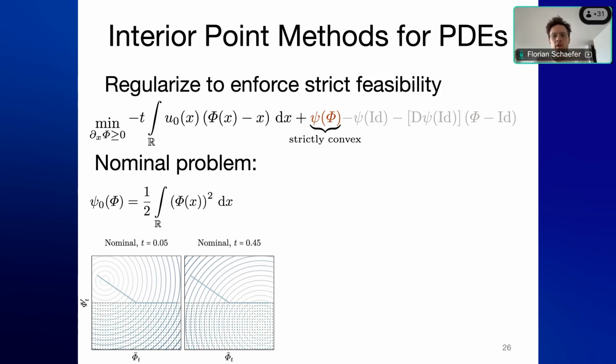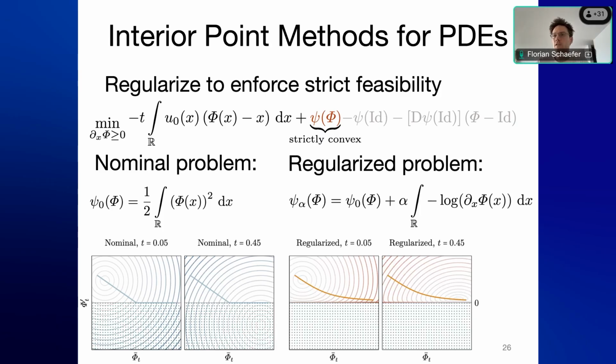And that motivates us to remind ourselves what we learned from optimization, that people use other barrier functions. For instance, very popular is the so-called log barrier function, right? The idea is that to this linear optimization problem, instead of adding just this quadratic norm, we also add another term that is the negative logarithm of the derivative of phi.